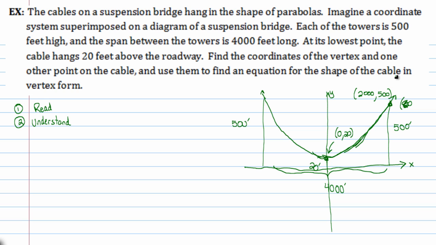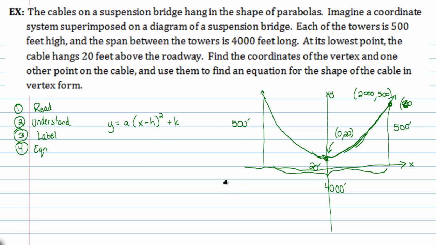We have a vertex and we have a point, so now we can go ahead and solve this. By the way, the next step normally in the problem solving process would be to label our unknowns, but we already chose x and y. And the fourth thing is to create an equation, but that's what we're doing here. I know that the vertex form of a parabola is y equals a times the quantity x minus h squared plus k.